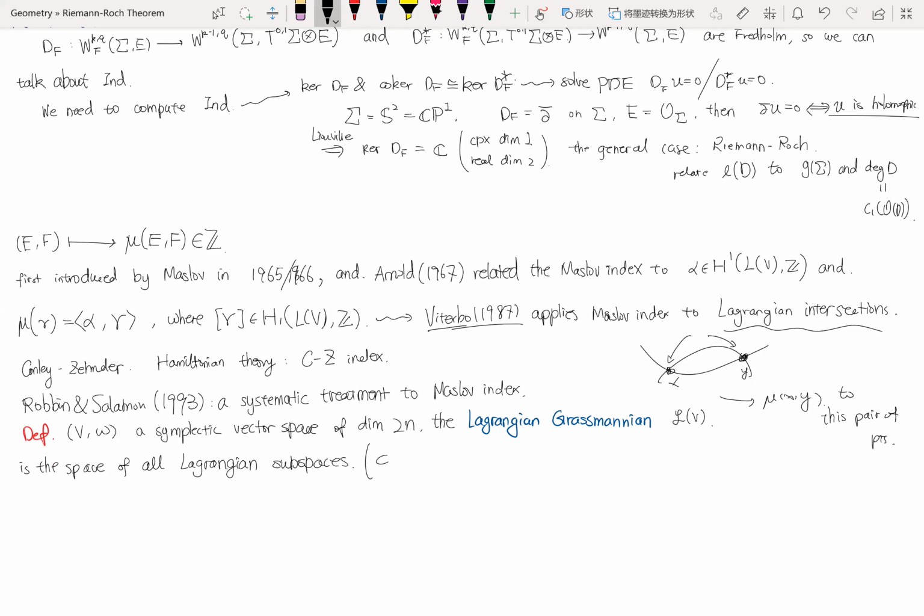It is a subspace of the Grassmannian of all n-dimensional subspaces of V, and with some effort we can know that it is compact.